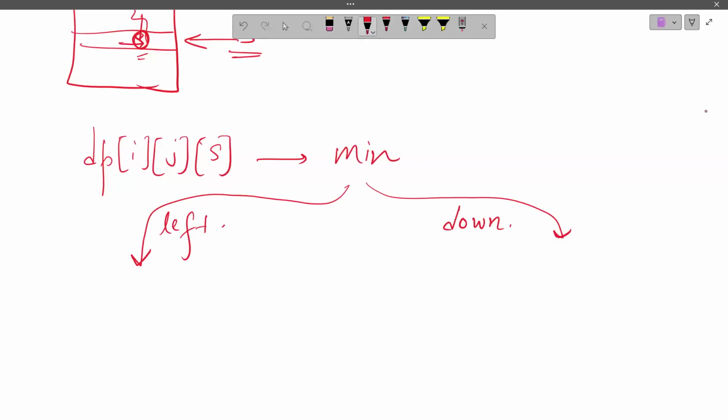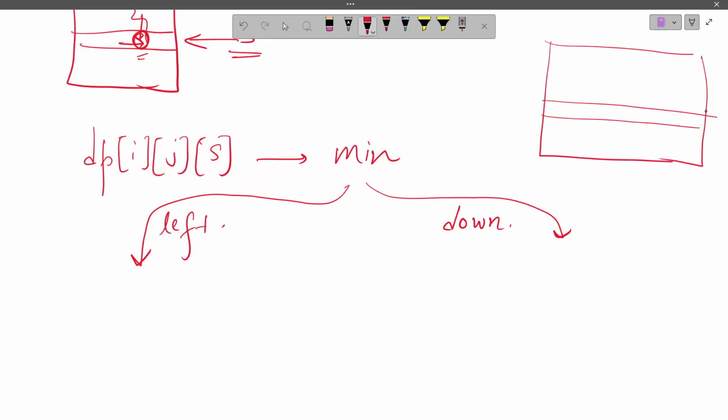which we can take. Now look at what happens. Let me draw this, and suppose this is the ith row, and we are trying to fill this cell dp i j.